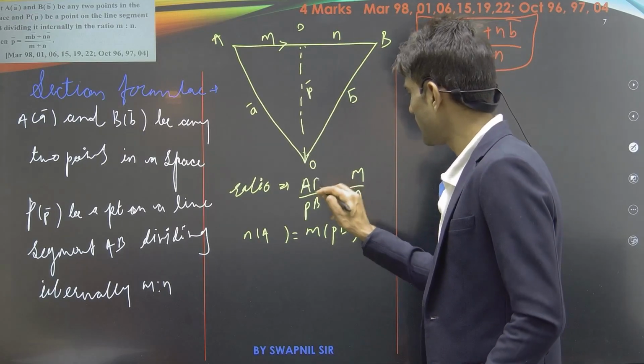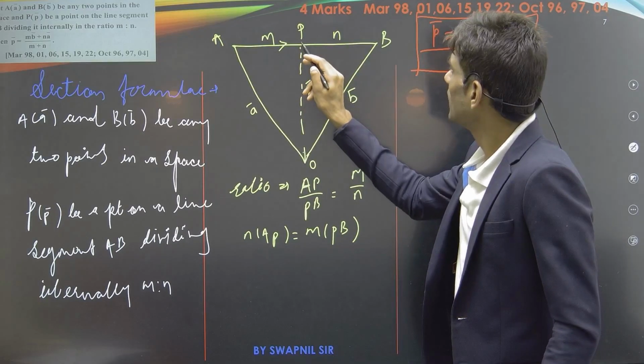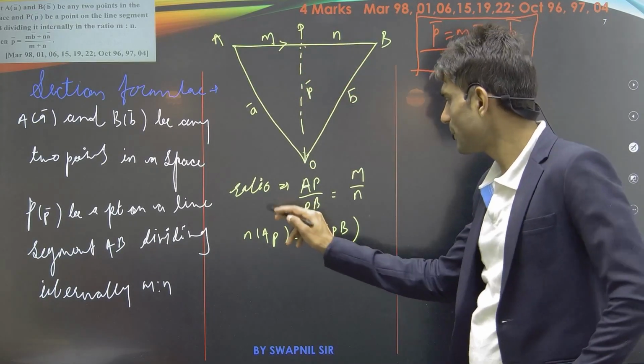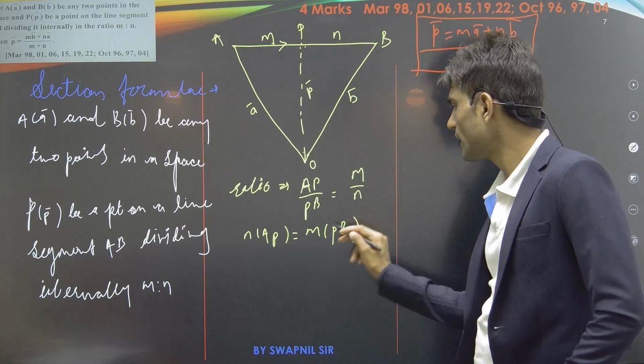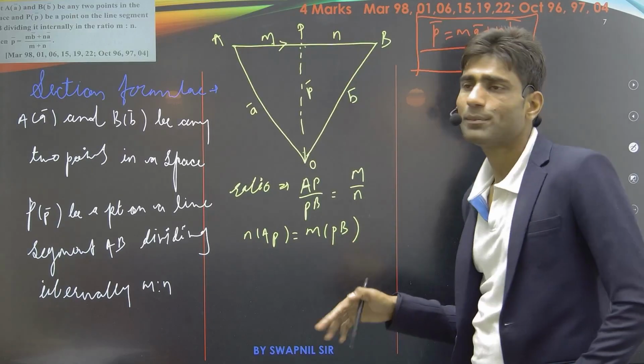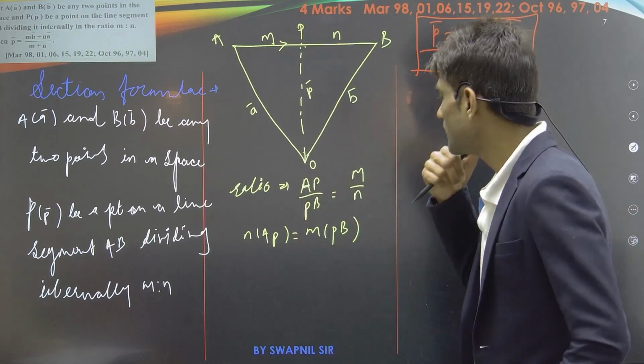So AP divided by PB is equal to m divided by n. That means n multiplied by AP equals m multiplied by PB. So I have multiplied n and m to the other sides, and I got this value here.